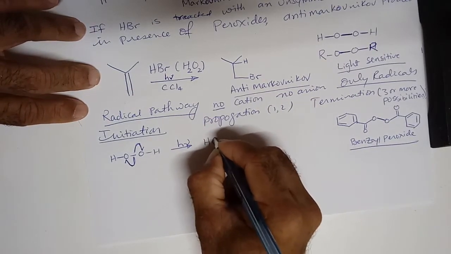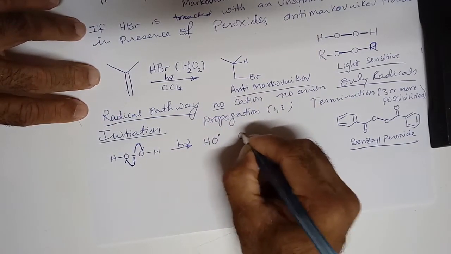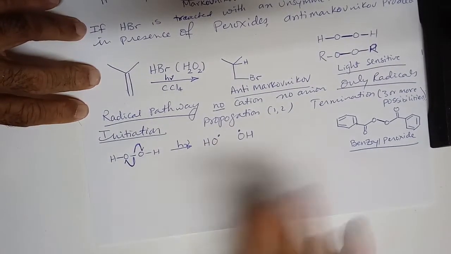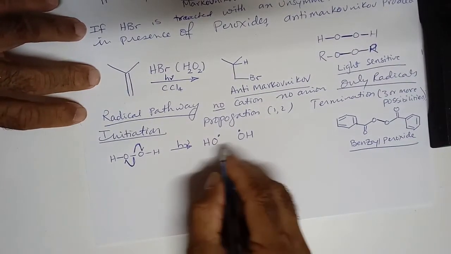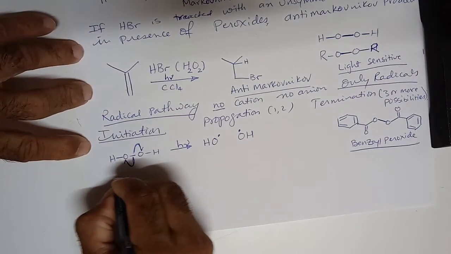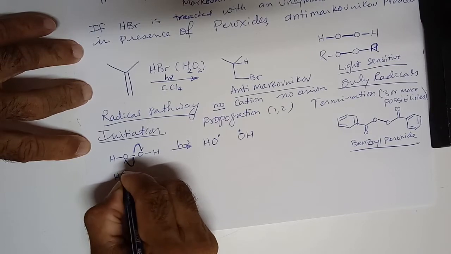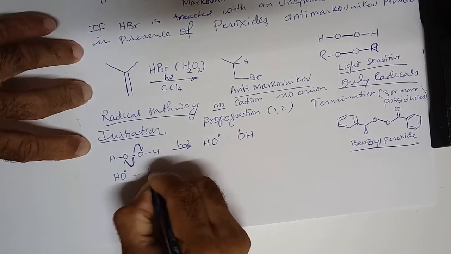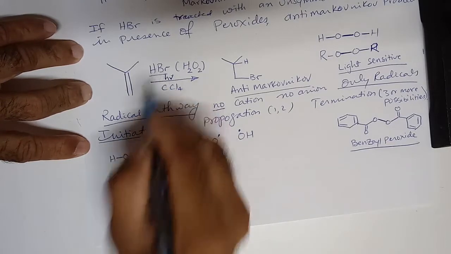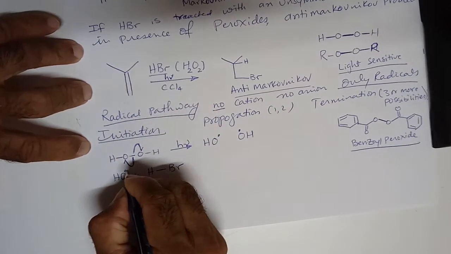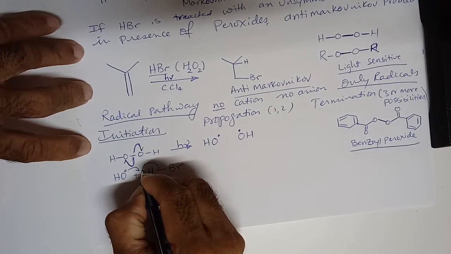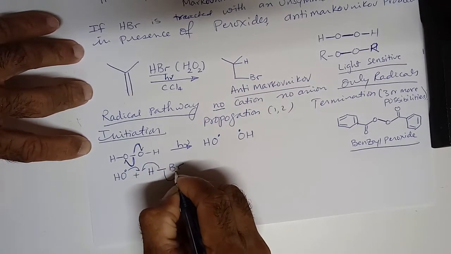So you have an HO dot and OH dot created. And that's the beginning of the fire. Now this HO radical starts the fire. This HO radical reacts with the HBr, because that HBr is now destroyed by grabbing that hydrogen and creating a bromine radical.